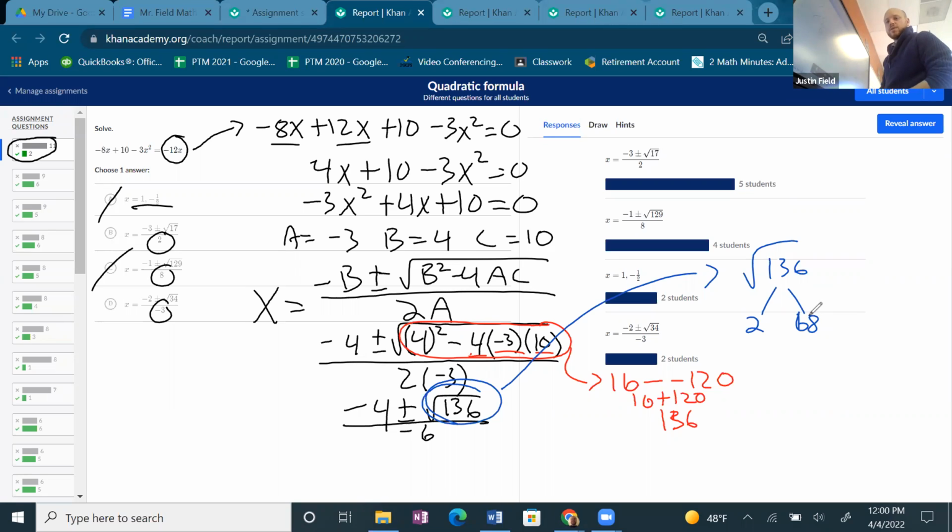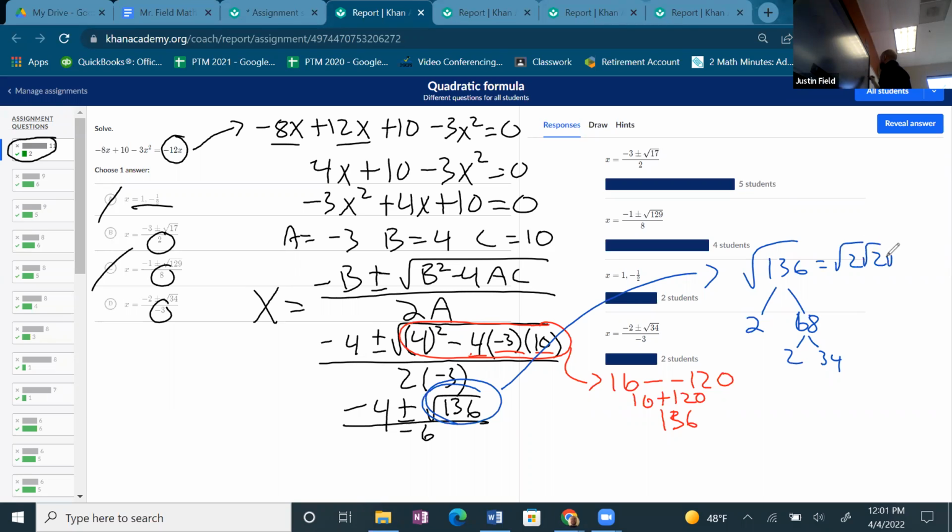So we are breaking down 136 into numbers that multiply to it. 68 is 2 times 34. What does this mean? This means that 136 is equal to 2 times 2 times 34. Equal to the square root 2, square root 2, square root 34.